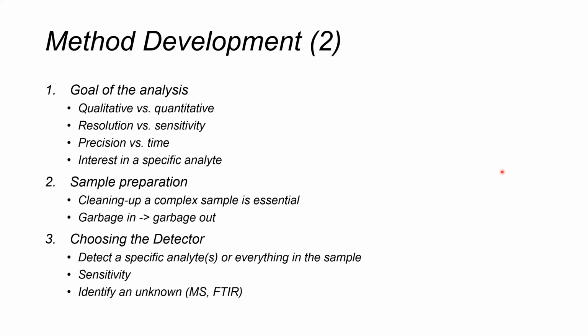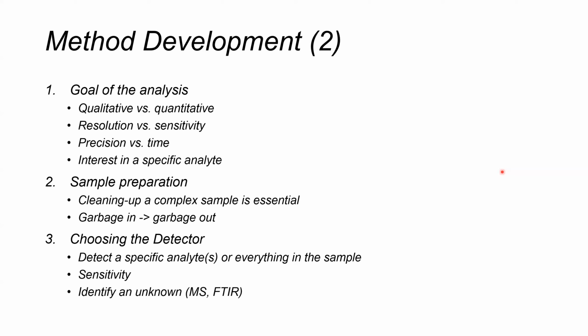Choosing the detector then: do we detect the specific analytes or everything in the sample? What are we looking to do? Do we want to only find something like, for example, with the NPD detector, we were only really interested in nitrogen and phosphorus, so we won't be able to detect other things like carbons and maybe other elements of interest. What's our sensitivity to that?